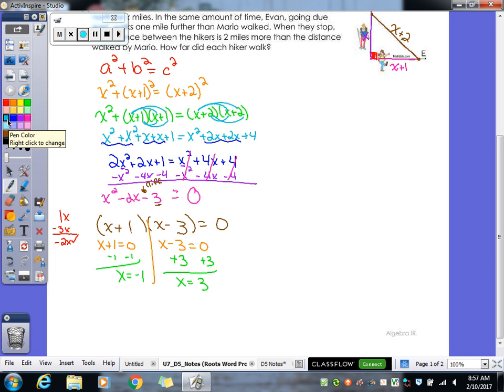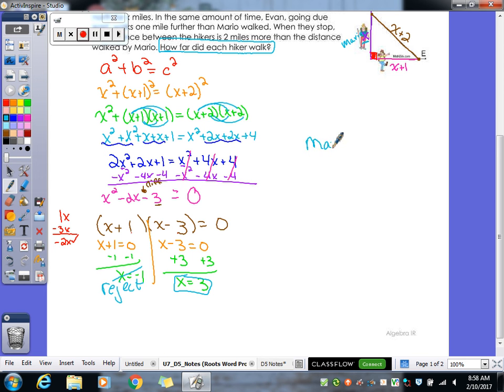So if I look back at the problem, they want us to figure out how far did each hiker walk. So now if I go back and I look at my two answers, a hiker can't walk a negative number of miles. So this one we reject. So therefore we're going to keep x equals 3. And if we go back up here, this guy, who was Mario, is the one who walked x miles.